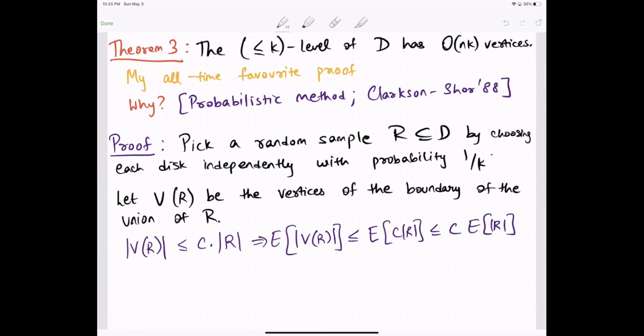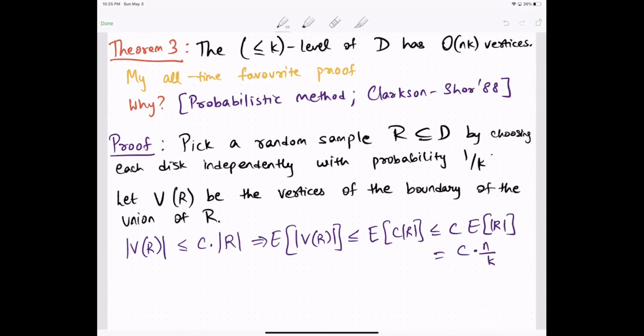So now what's the expected value of the size of R? It's nothing but n times 1 over k, because of the way we sampled, where we independently chose each disk with probability 1 over k. So the expected size of R will be n over k.